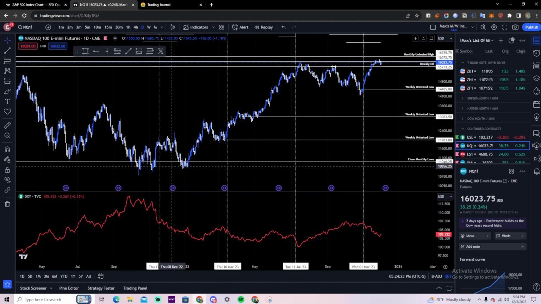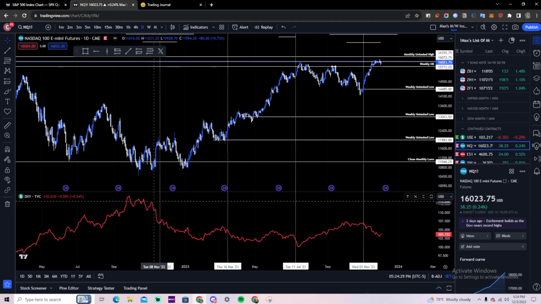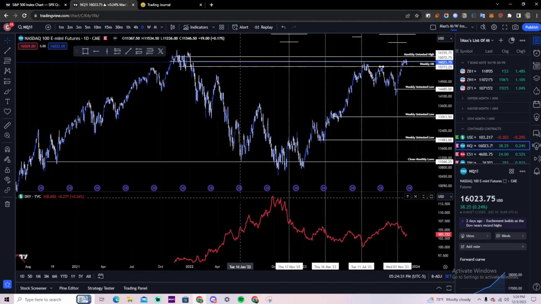So this would make a higher low in our buy program. So we would need the US dollar to make a higher high, which we don't necessarily have there.